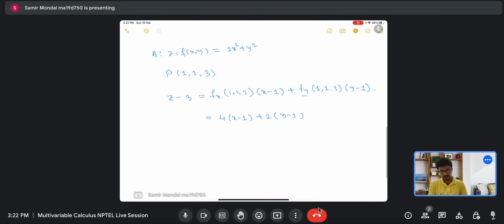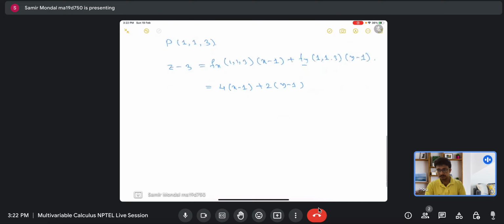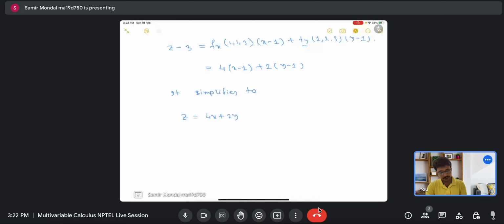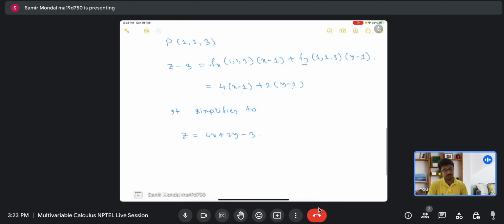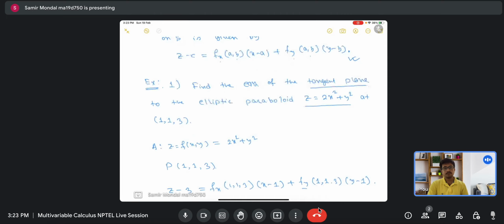If you do the simplification, we get z equal to 4x plus 2y minus 4 minus 2 plus 3, which is 4x plus 2y minus 3. This is the equation of the tangent plane to the elliptic paraboloid at the point (1, 1, 3).